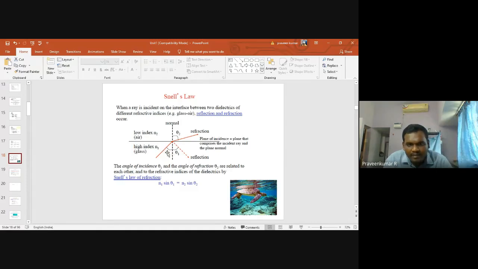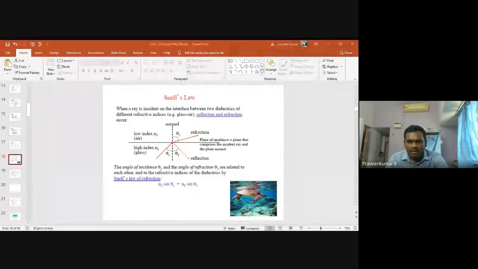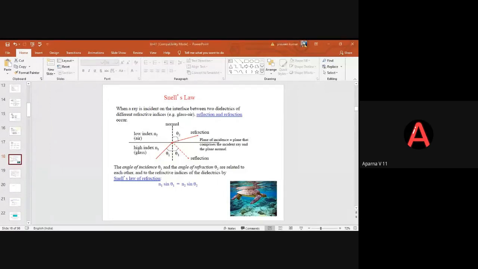Automatically I will get some refracted signal. When I change this theta i, the lines become parallel to my interface. At that time I will not get refraction, I will get only reflection. That is the TIR principle. Clear? Yes, sir. Okay.